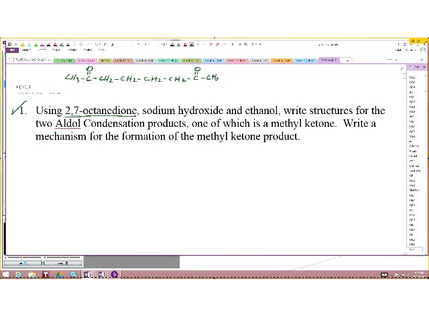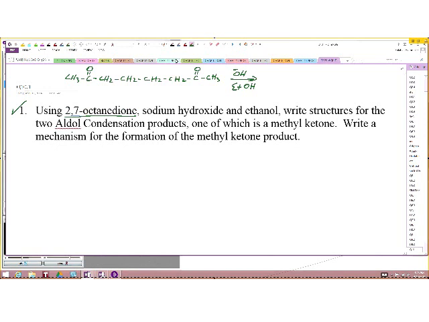So you are supposed to start with this ketone here, and then of course using hydroxide. The hydroxide could come in the form of sodium hydroxide or potassium hydroxide. And then you are also using ethanol as solvent. Generally, when we do an Aldol condensation, we use hydroxide, and we also use some alcohol as solvent. Very often we use ethanol.